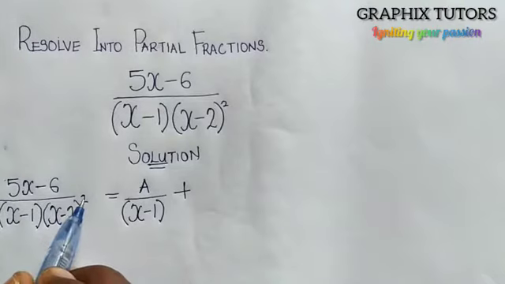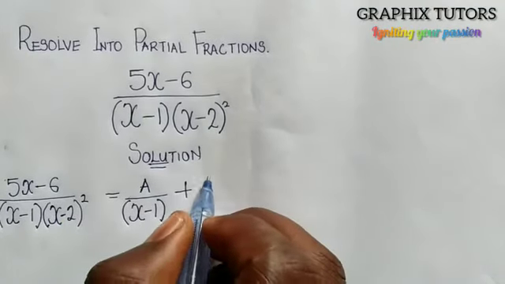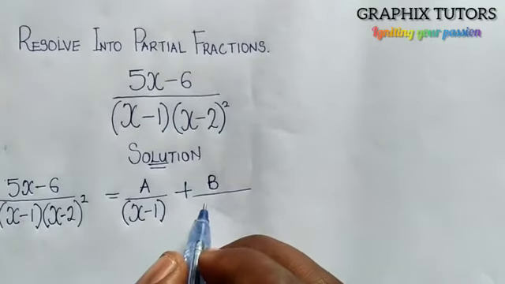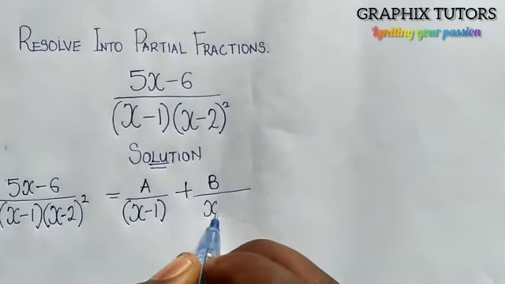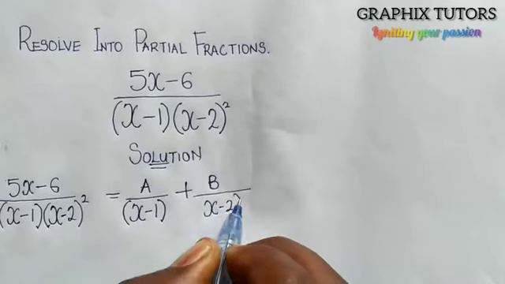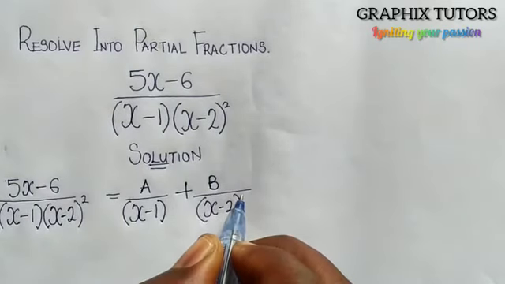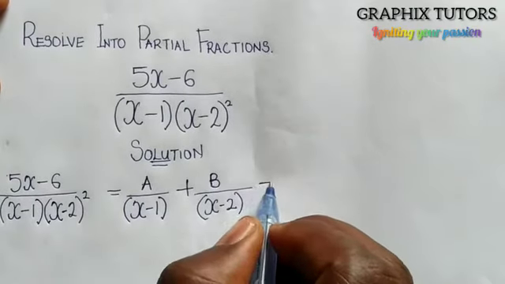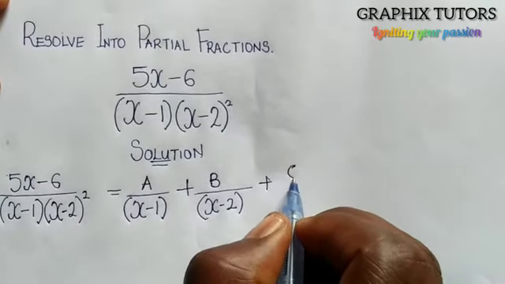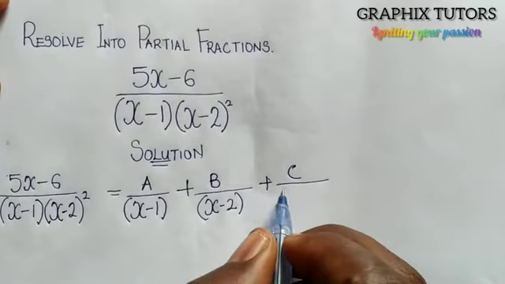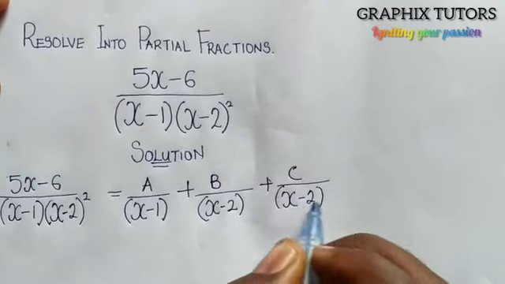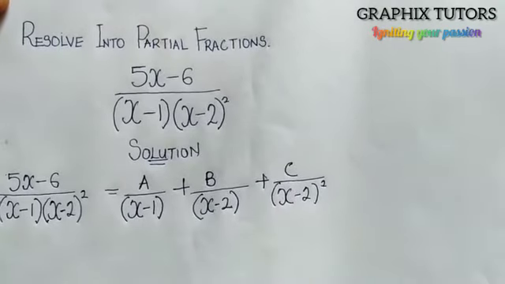So when the power is outside, you're going to write the first one as B all over x minus 2 to the power of what? 1. I won't write it because 1 is silent. Plus C all over x minus 2 to the power of what? 2. All together.